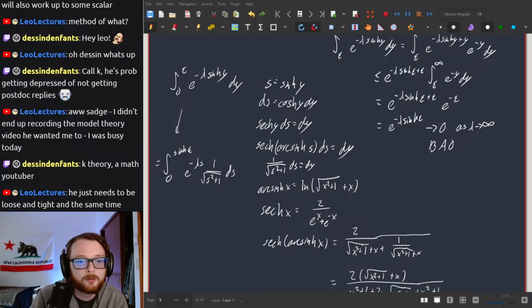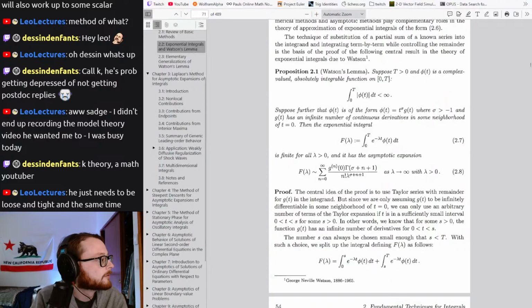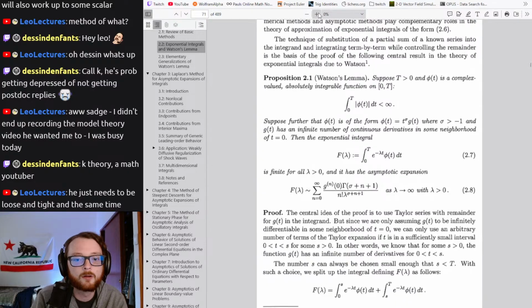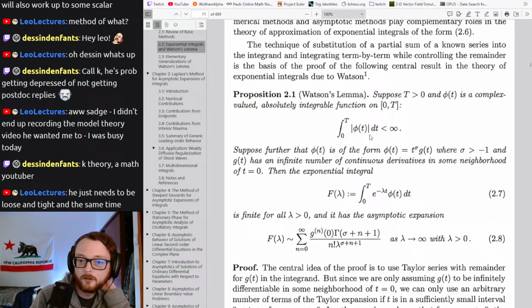Watson's lemma. This function is integrable for sure because the interval is finite. So we don't have to worry about whether it decays fast enough.